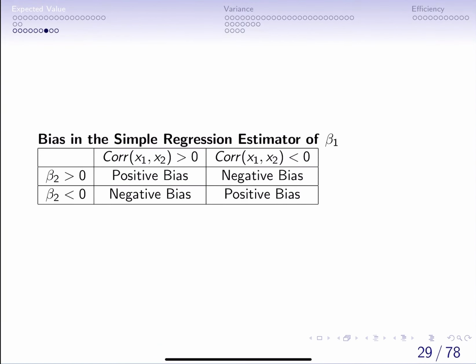Now, you can take this further and try to assess, looking at this really neat table, in which cases the bias would be positive or negative. Remember bias equals beta 2 times delta 1 tilde.